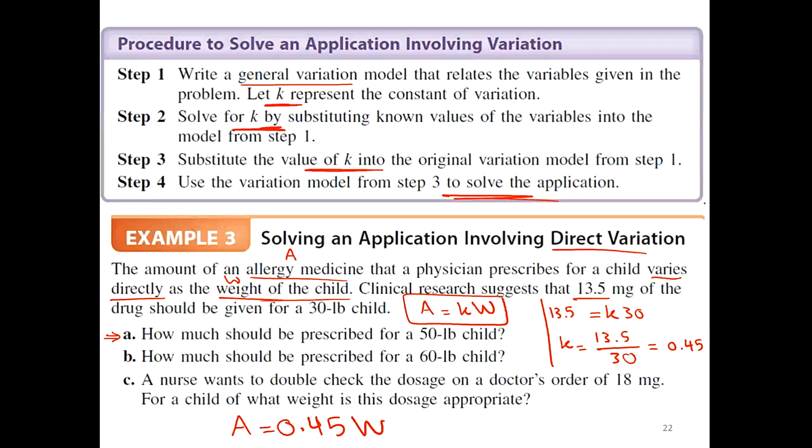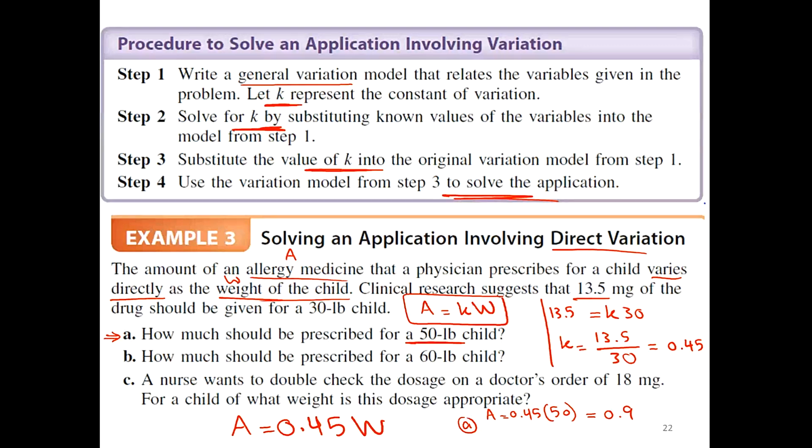If we need to find the dose directly from A, A equals 0.45 multiplied by W. W equals what? 50.